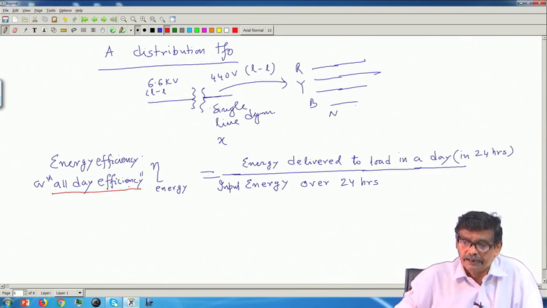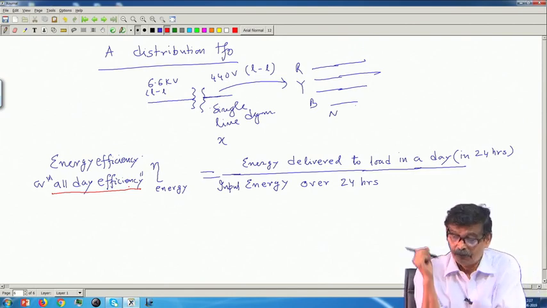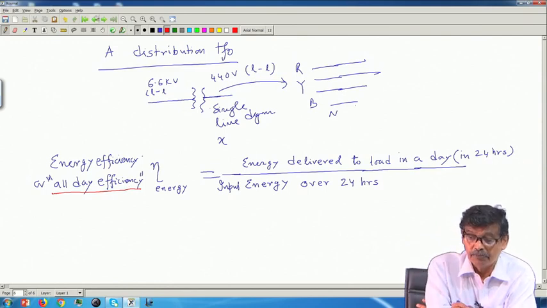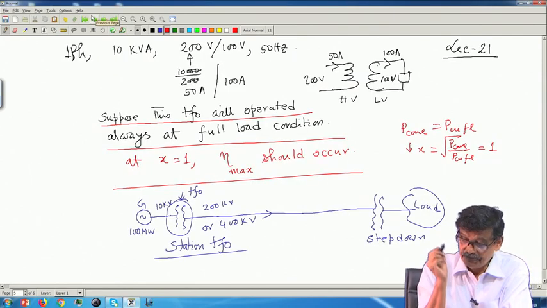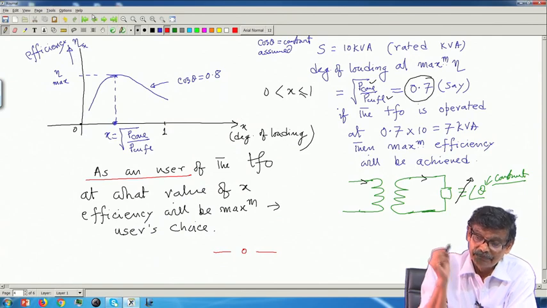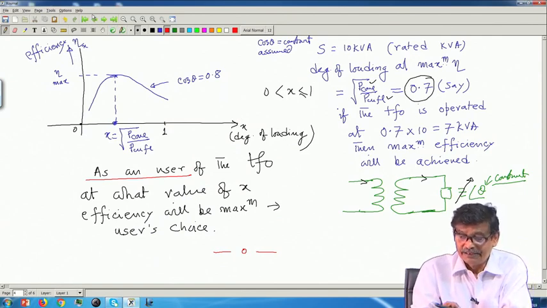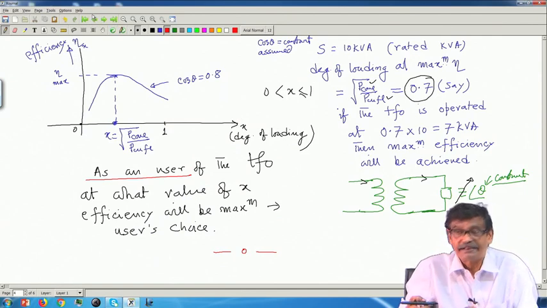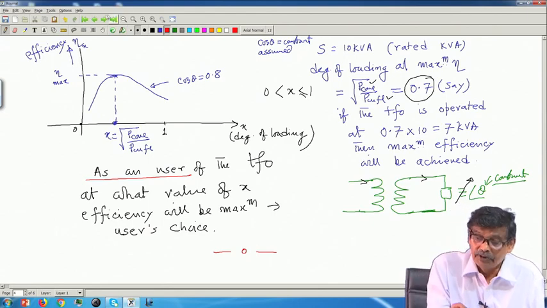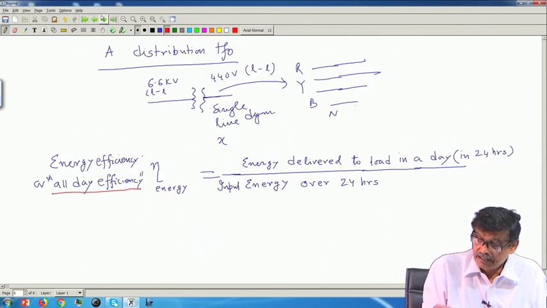That is the idea. But before that, one point about that normal efficiency. If you look at this curve, and this I will leave as an exercise to you, okay, I will draw like this.